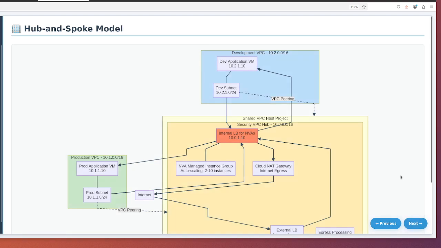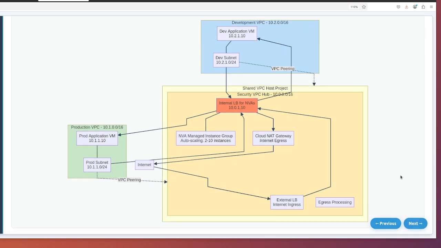The hub and spoke model is the most common and recommended pattern for NVA deployment in enterprise cloud environments. Let me explain why this architecture is so powerful and how it maps to real-world requirements. In this model, you have a dedicated security VPC that acts as the hub.